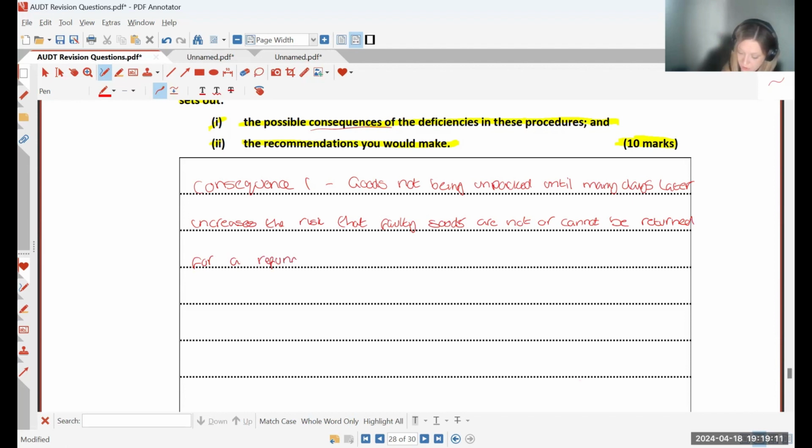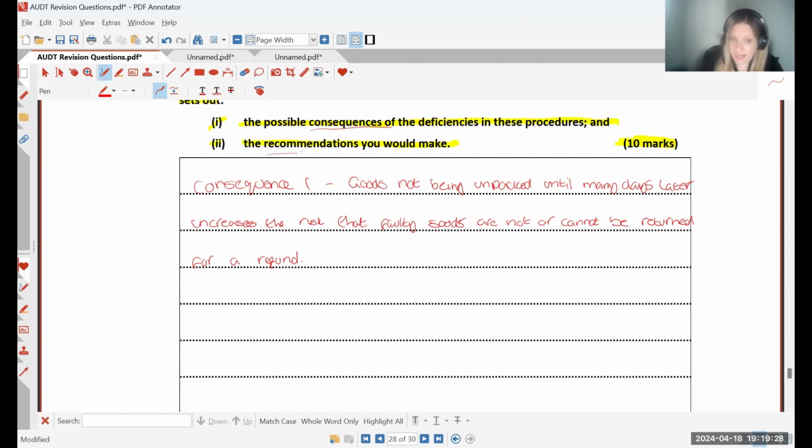Generally, suppliers will have quite a short turnaround. They want to know about faulty goods or missing goods within, say, 48 hours. And if it's many days before the goods are being unpacked, well, we're missing our chance, the client is missing their chance of being able to get that refund.